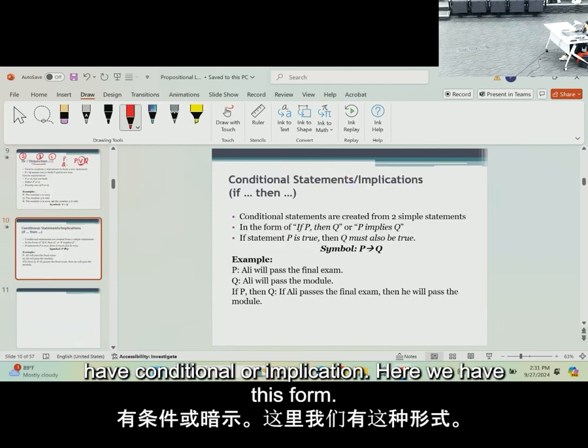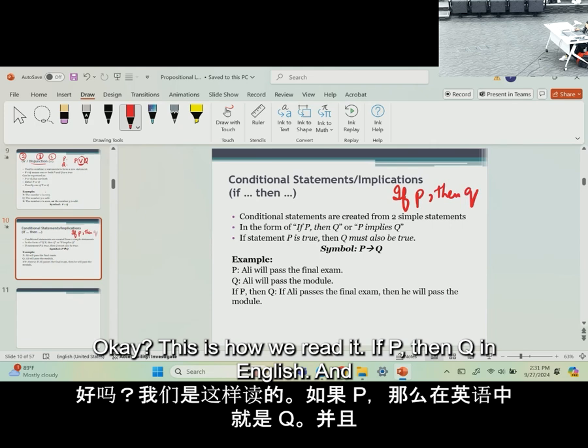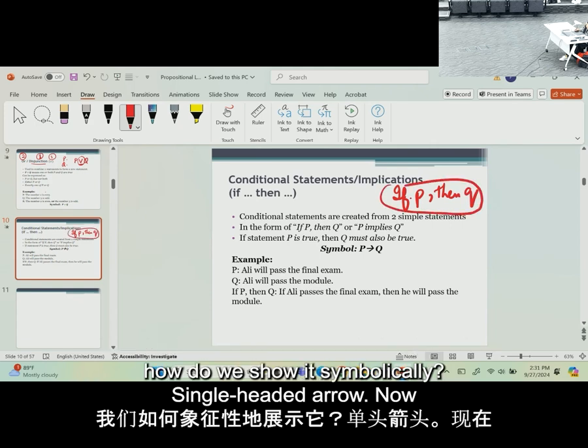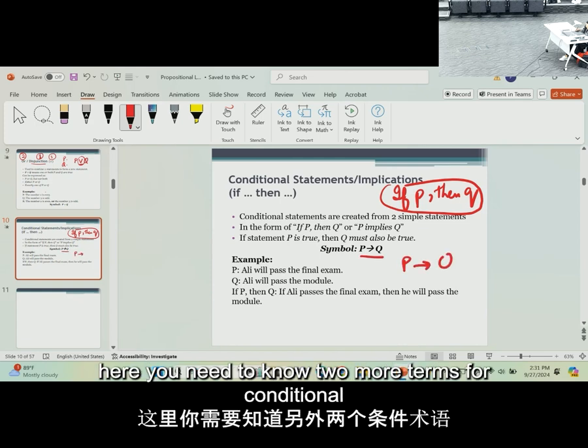And then we have conditional or implication. Here we have this form. This is how we read it: if P then Q in English. And how do we show it symbolically? A single-headed arrow. Now here you need to know two more terms.